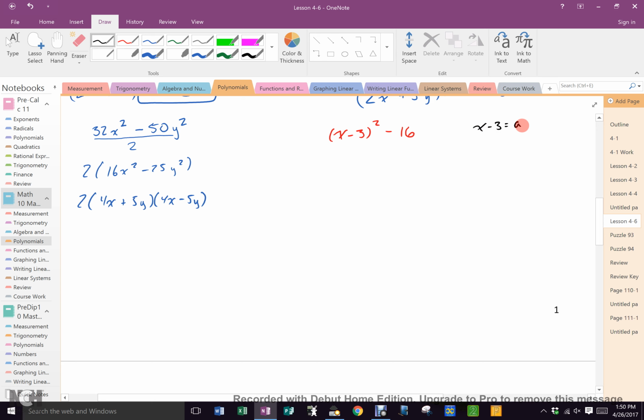All right. So if x minus 3 equals a, how would you write this? A squared minus 16, yes? Everyone agree? How would you factor that? A plus 4 and a minus 4, correct?